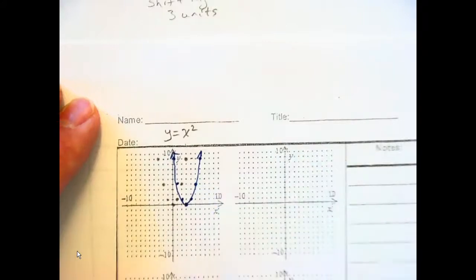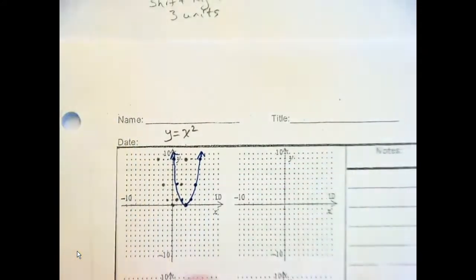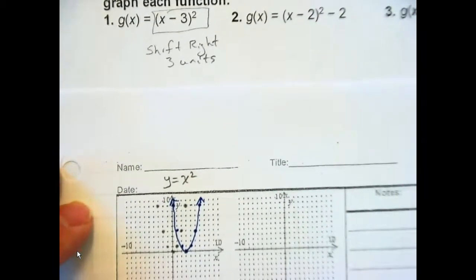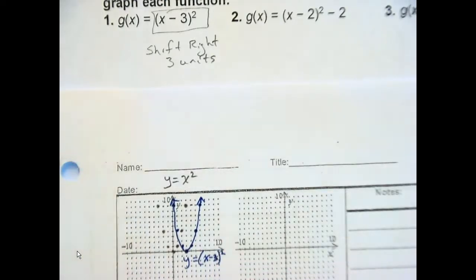There's our graph. Just taking that parabola and sliding it over 3. So this would be the graph of y equals (x minus 3) squared. Okay. Questions on it? Just put it in the inbox.